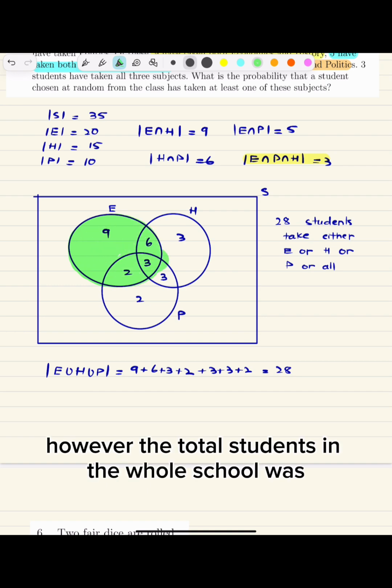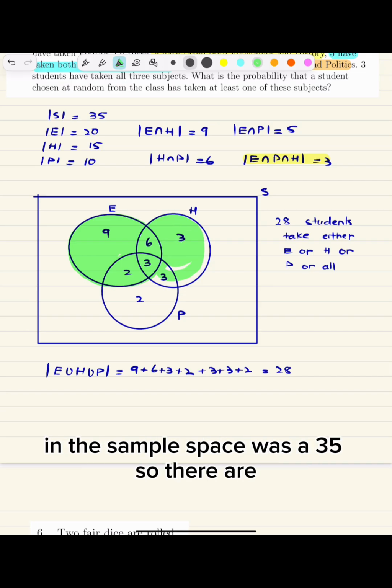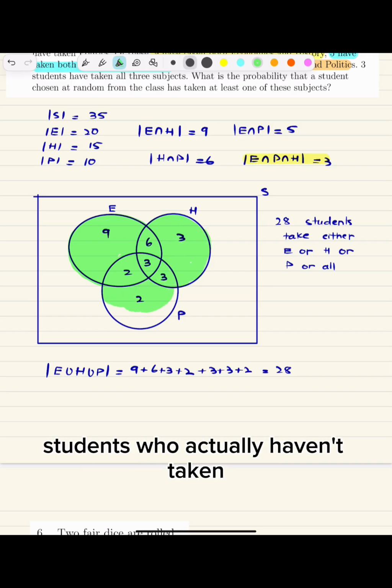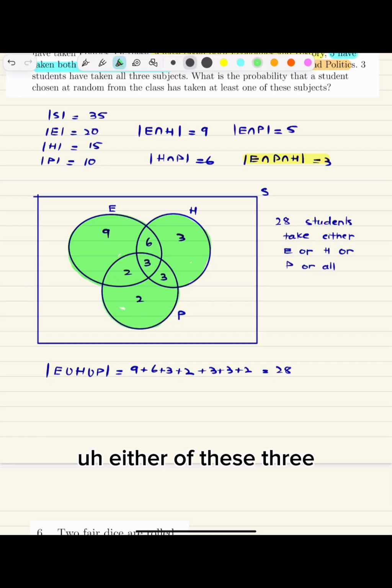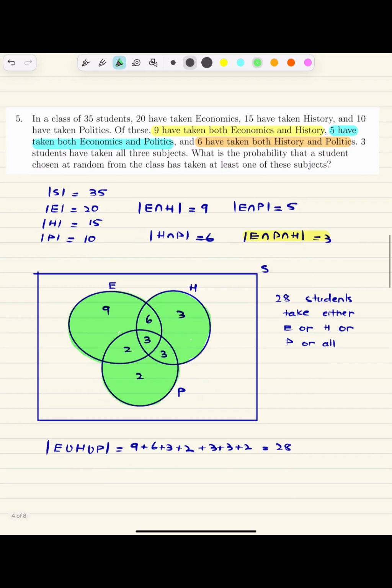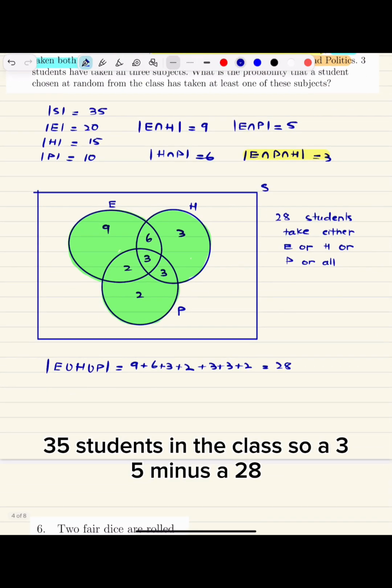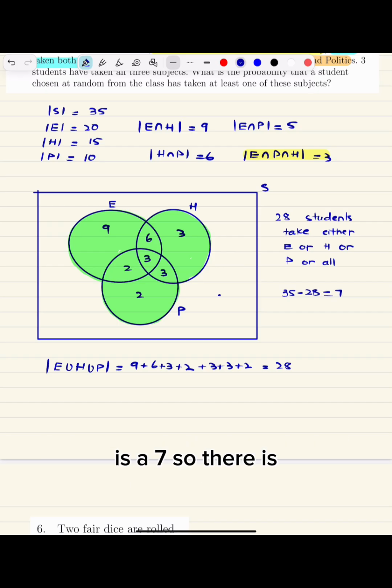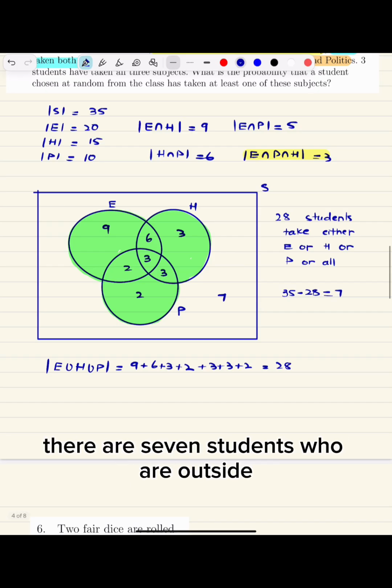However, the total students in the sample space was 35. So there are students who haven't taken any of these three. Since there were a total of 35 students in the class, 35 minus 28 is 7. So there are 7 students who are outside.